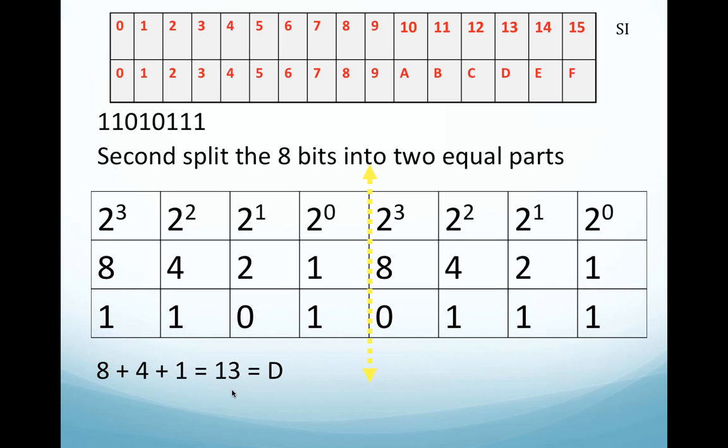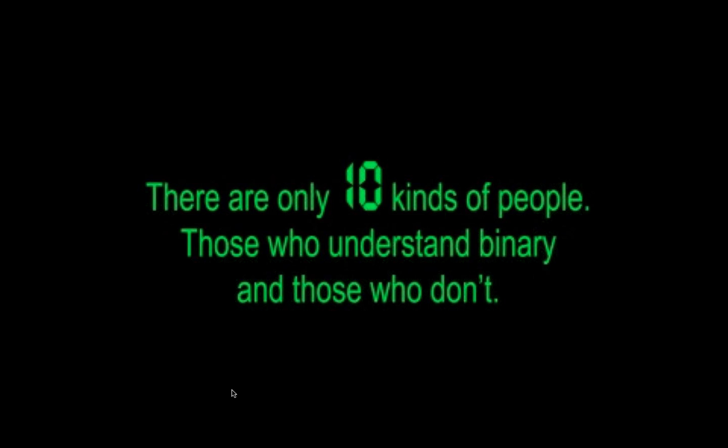Every place that is on, we'll do calculations. Every one that's off, we'll ignore. So we have 2 to the third is on, 2 squared is on, and 2 to the 0 power is on for the left side. For the right side, we have 2 to the second power, 2 to the first power, and 2 to the 0 power on.